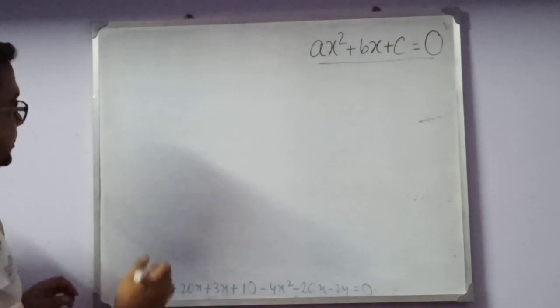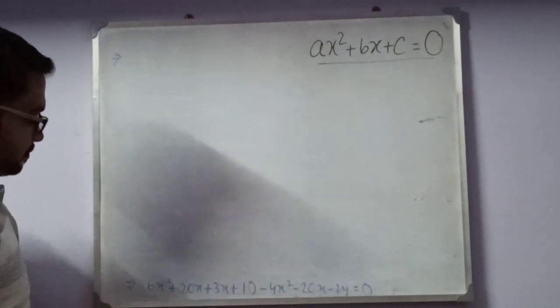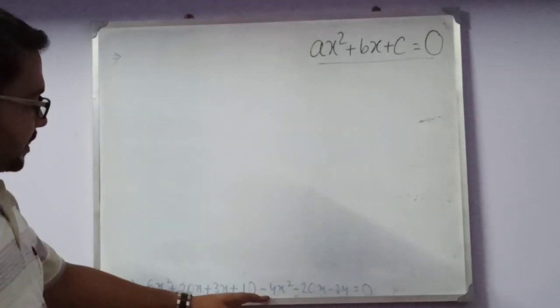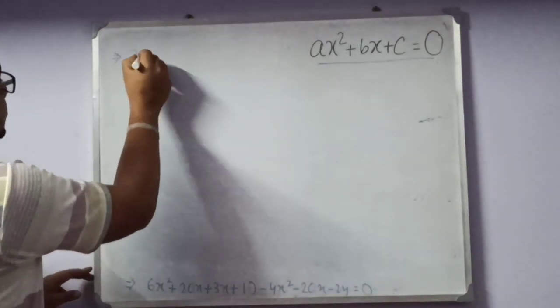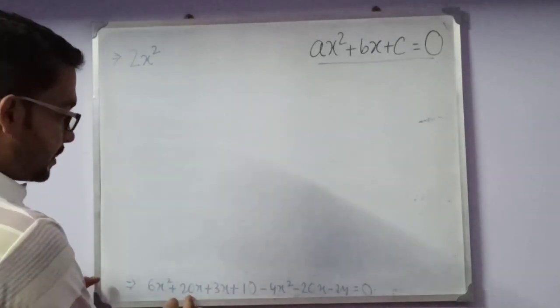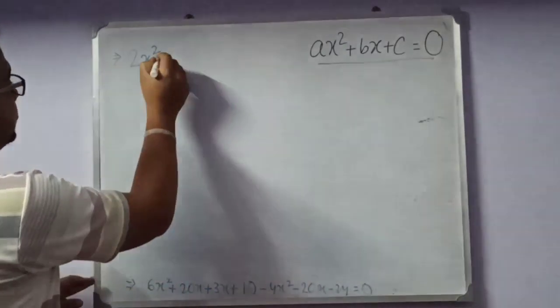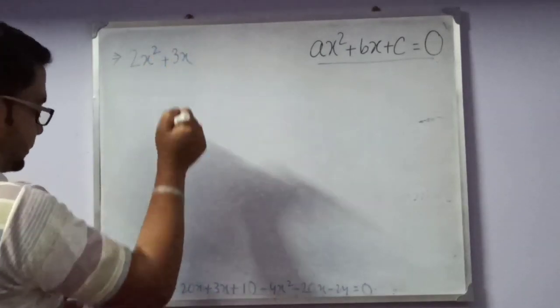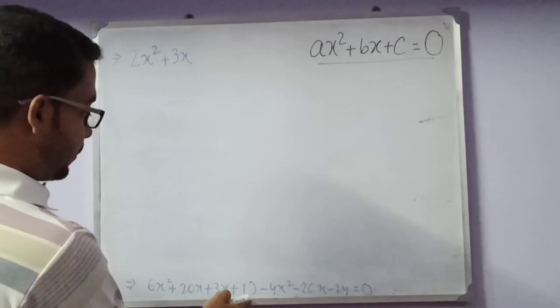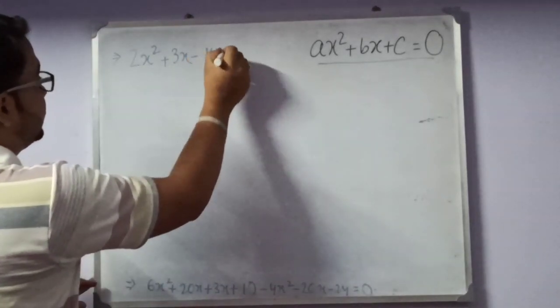And we can write 6x² minus 4x² means 2x², 20x plus 3x is 23x, minus 20x means plus 3x, and plus 10 and minus 24 means minus 14.